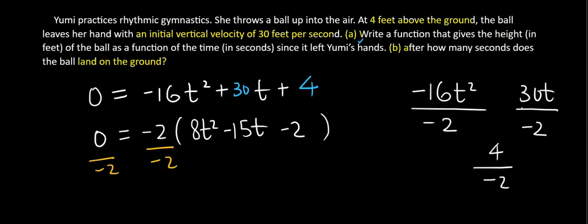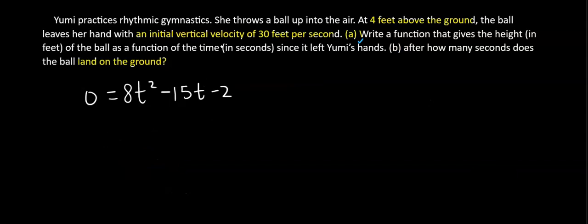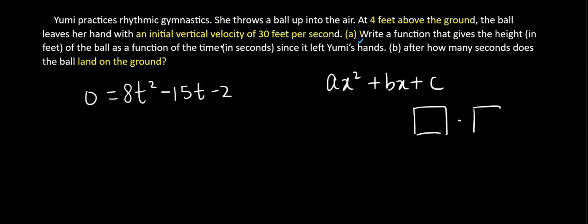And now we have something that looks really clean and easier for us to continue to factor. Now it comes to that part. We are factoring a polynomial of the form ax squared plus bx plus c, which means we need to find two numbers.